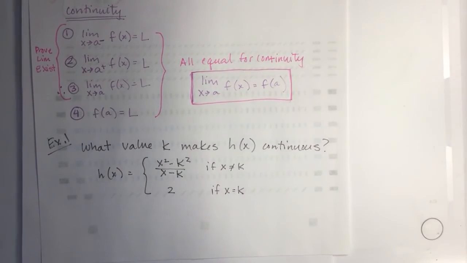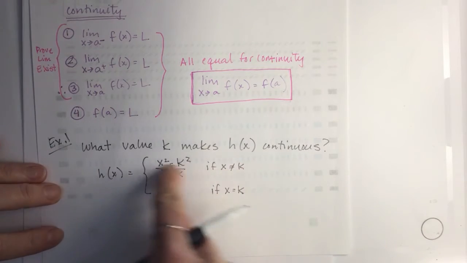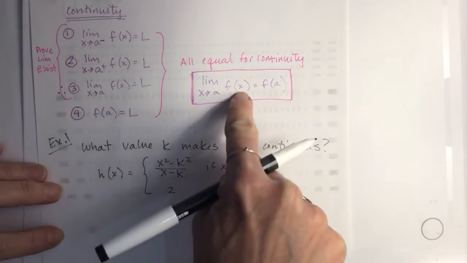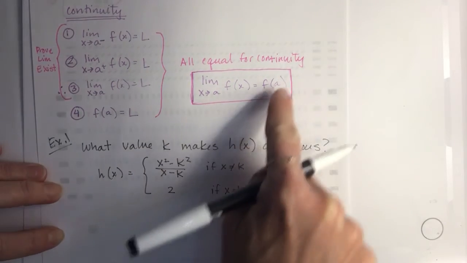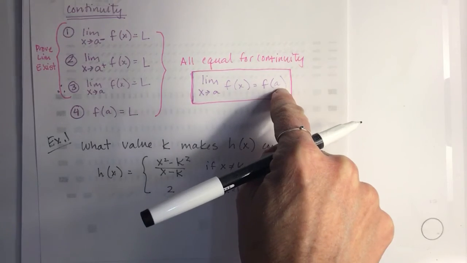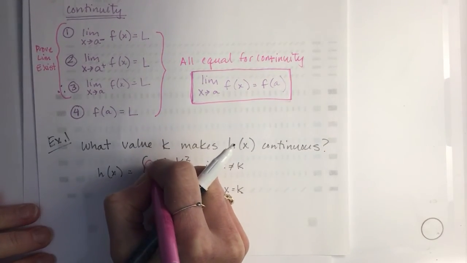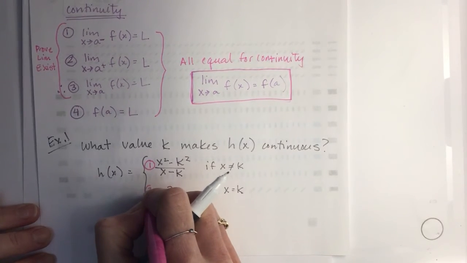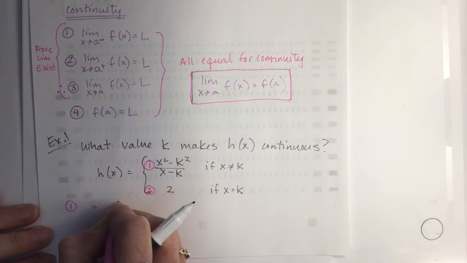Now we've got to set these two equal to each other. If we're approaching k, that's this side of the equation, and if we're at k, that's this side.